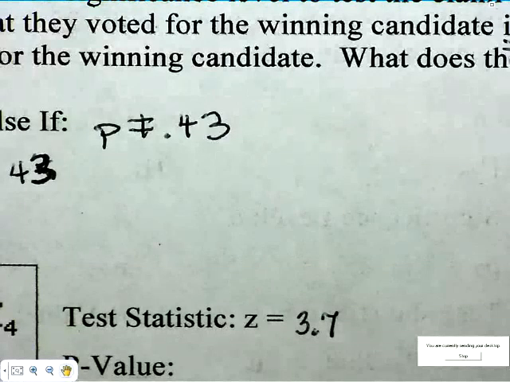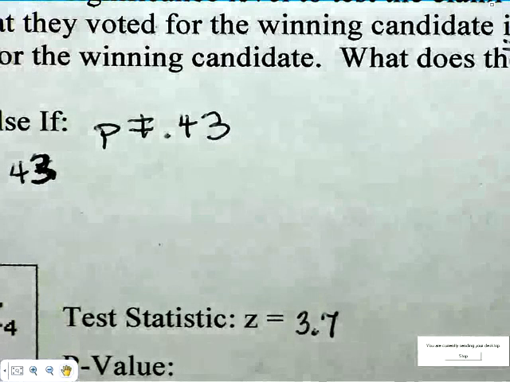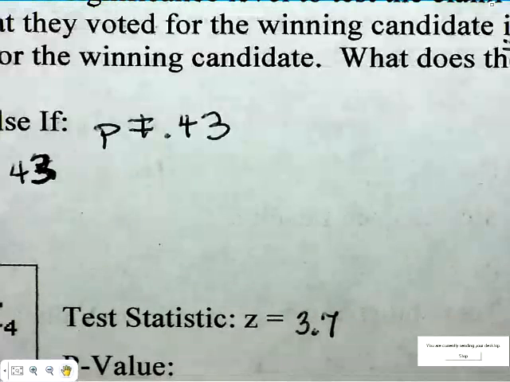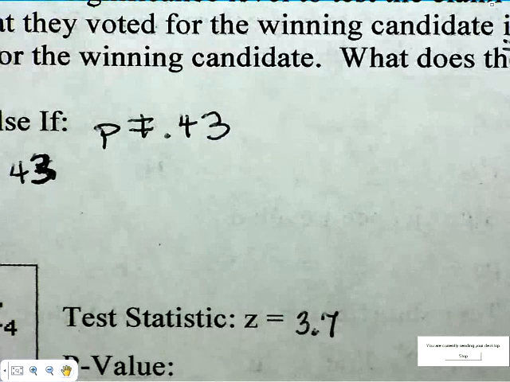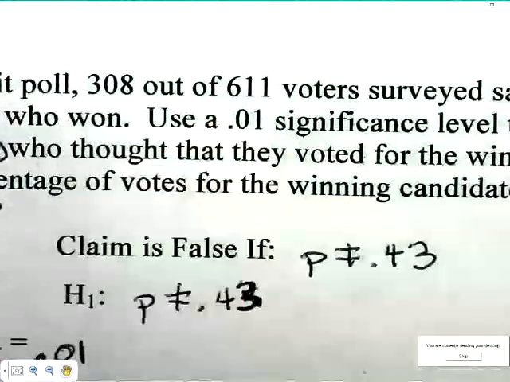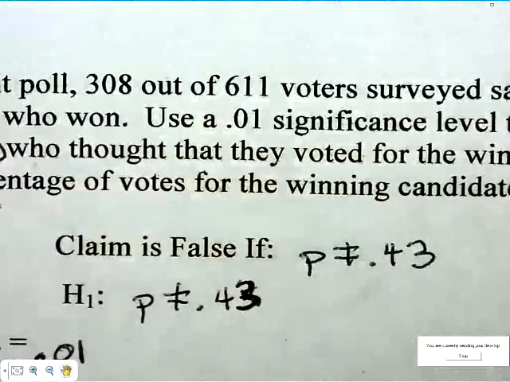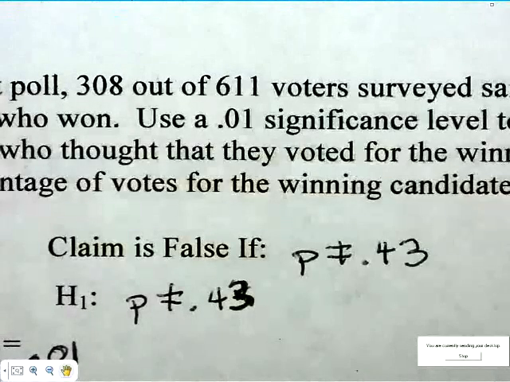With only 2 guys on the ballot, it'd be 50%. About 50% for the winner and about 50% for the loser. But 308 out of 611 saying they picked the winner is way different than that 50%. So people believed in who they were voting for. They believed they were voting for the winner.